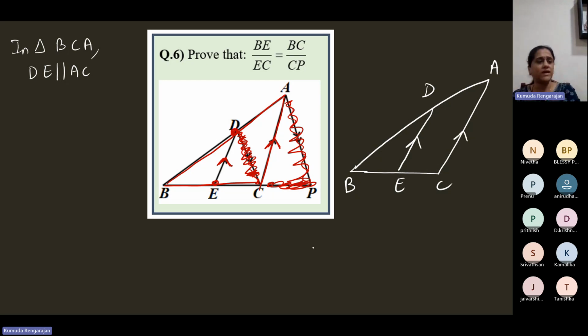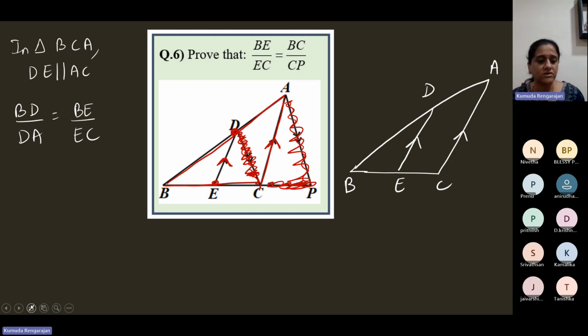Just see only that part. The other line segments you don't see. Ignore them. Now DE is parallel to AC. So what's the proportion by BPT? BD by DA equals BE by EC.